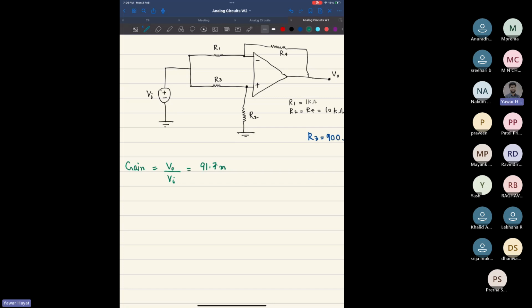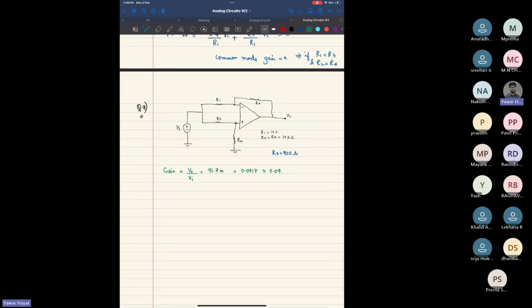Yeah, 0.0917, correct. Right, question number 9 is done.